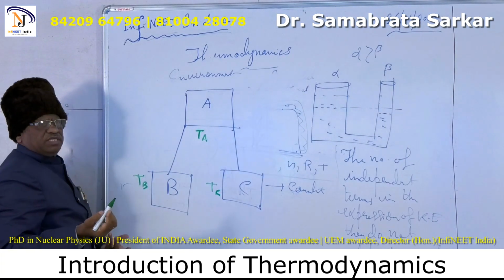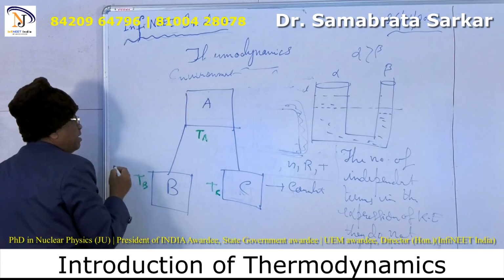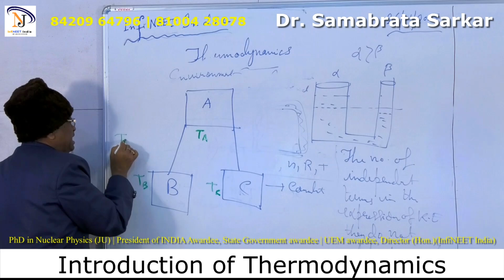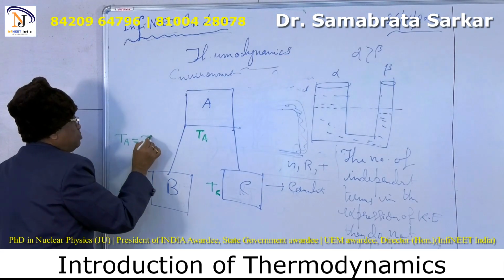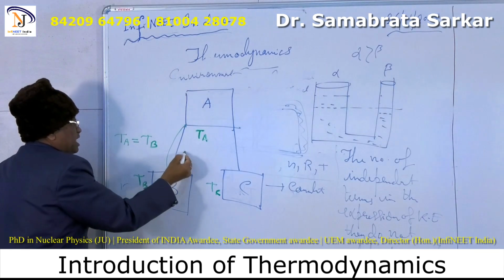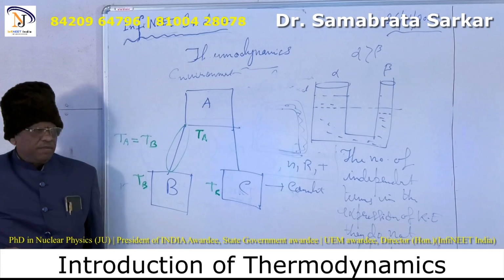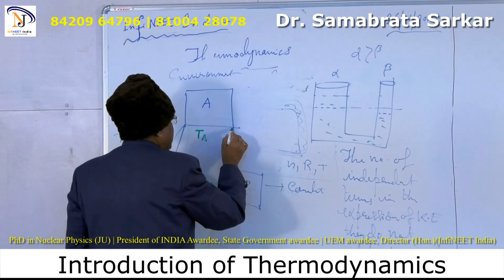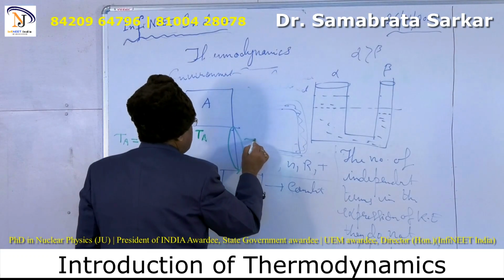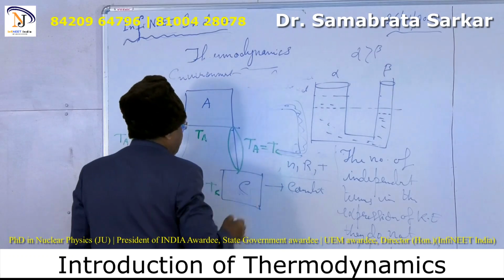And what does the zeroth law say? If body A is in equilibrium with B, then temperature TA will be equal to TB. And if A and C are in equilibrium, then you can write TA equals TC.